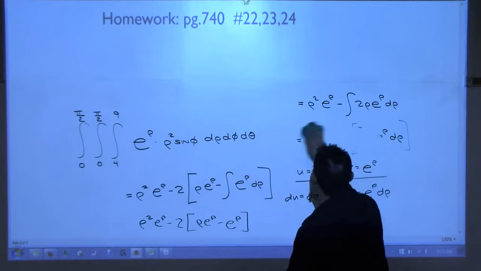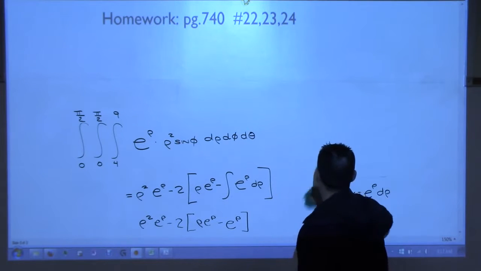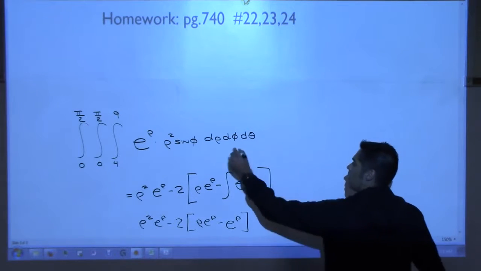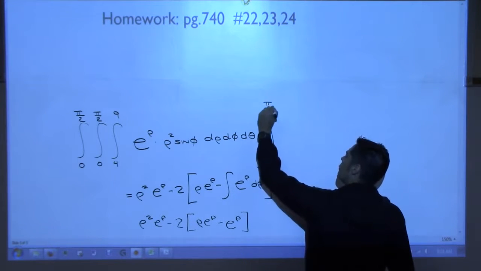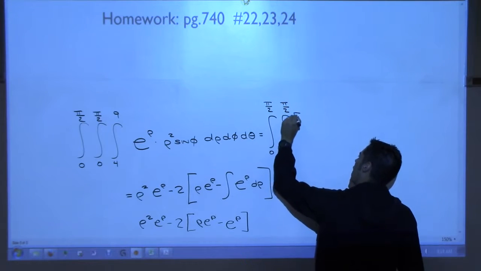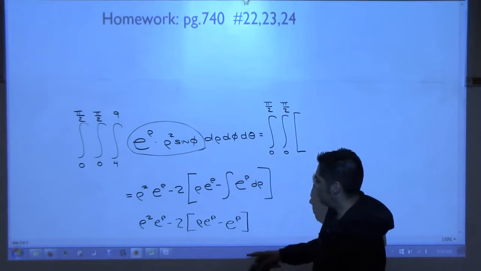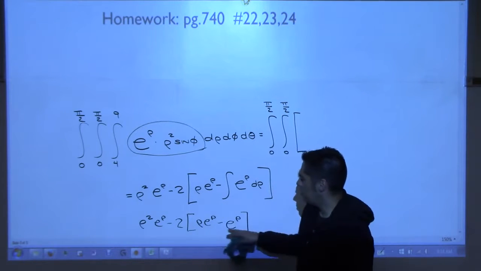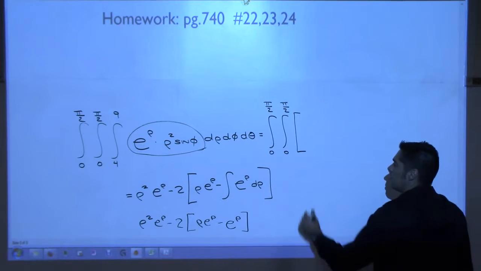So going back to this triple integral, here's what I know. This is equal to the integral from 0 to pi over 2, integral from 0 to pi over 2, and then that inside piece, the antiderivative of this, is all of this. I'll distribute the 2 through in a second, but remember I had to assign phi there.